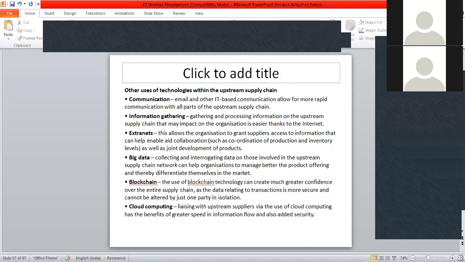The reason why cloud computing is chosen is that if the volume of data is large, it is not possible through computers or phones, as the memory space available on computers or phones is limited. So they take the help of cloud computing, where through a third party, liaising with the upstream suppliers has the benefits of greater speed in information flow and also added security.